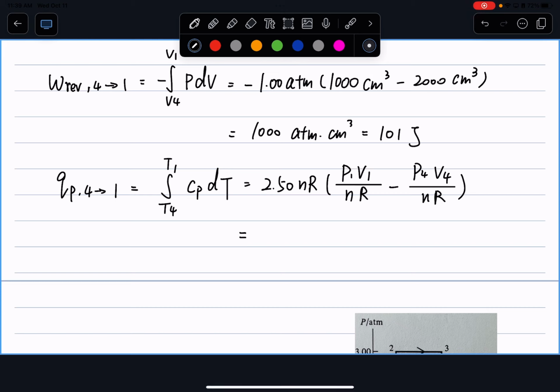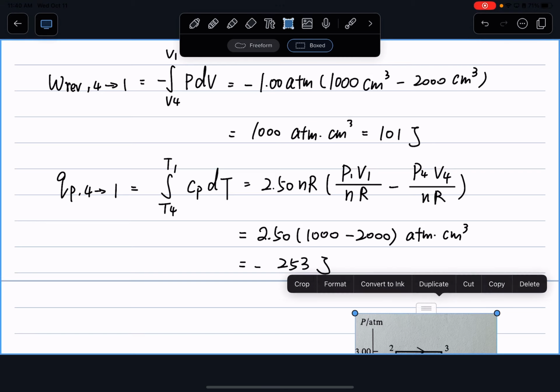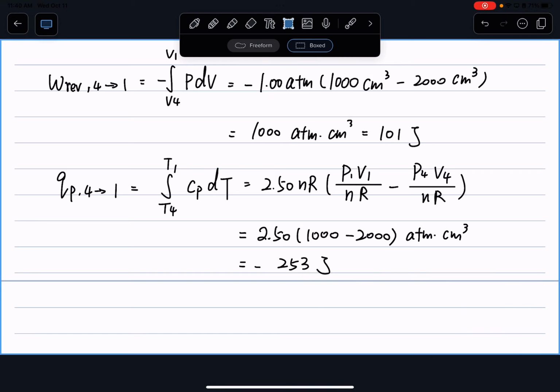And we end up getting 2.50 times 1,000 minus 2,000 atm cm cubed. That gives you negative 253 joule.